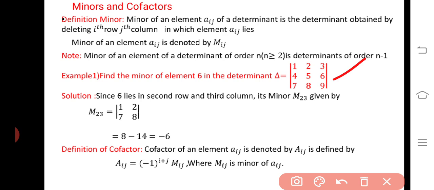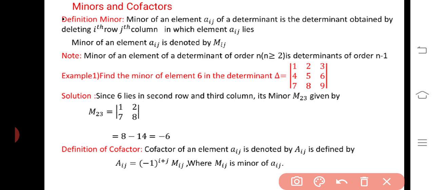This is a 3 cross 3 determinant. If you delete the first row and first column to find the minor of a11, whatever elements you get will be a 2 cross 2 determinant. Okay, let us start the example.